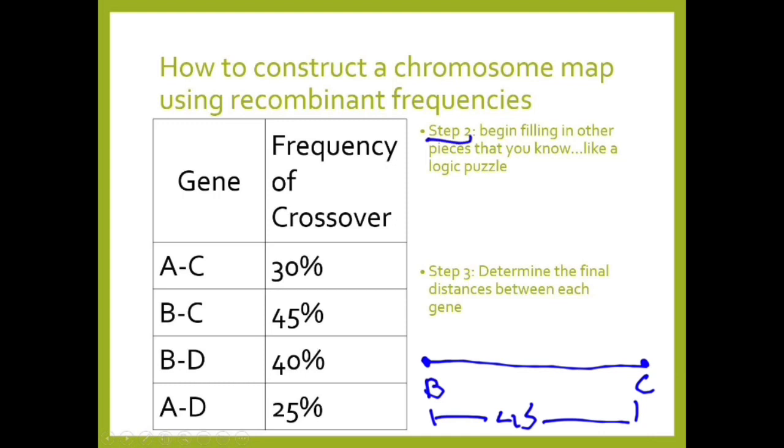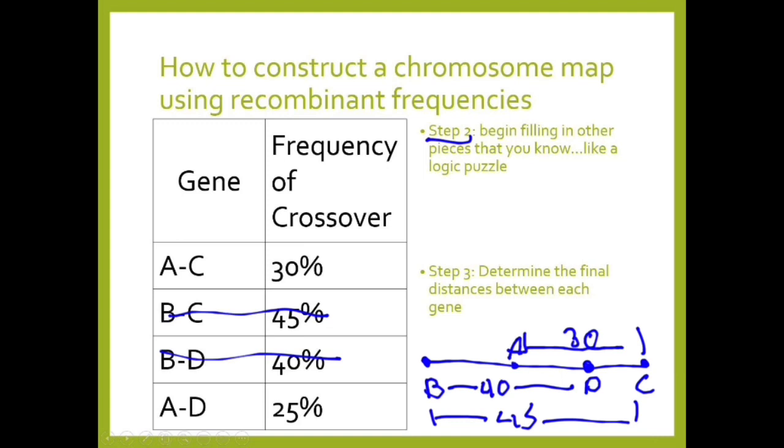For example, I know B and D are 40 map units. So I'll put D somewhere like there-ish because I know this is 40 units. I'm also going to do A and C. That's a good one I can do. A and C is 30. So I'll put A like here-ish, because I know this is 30.